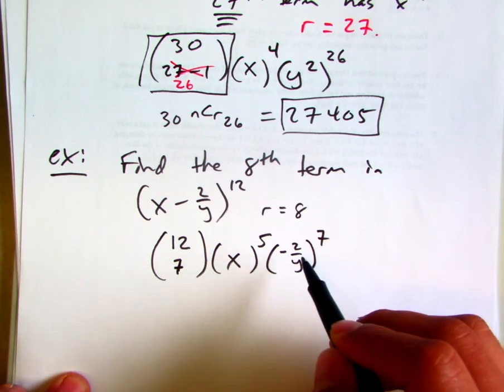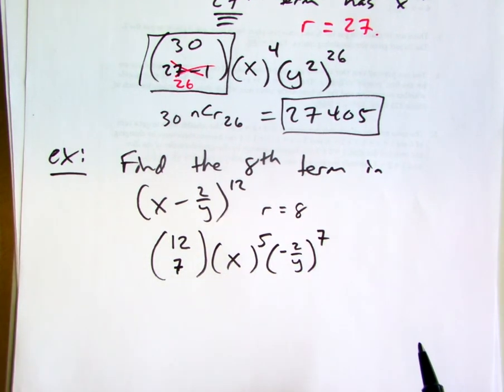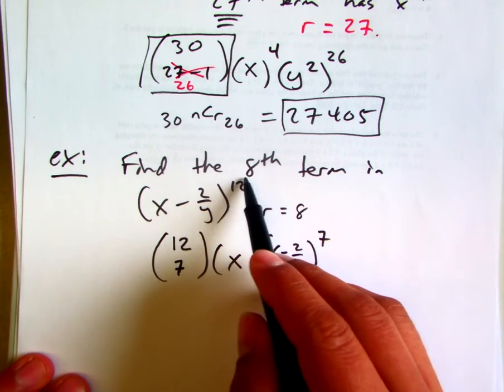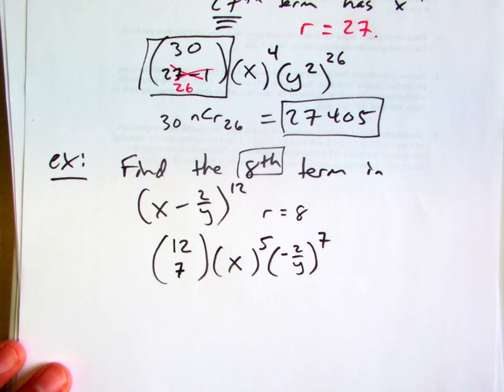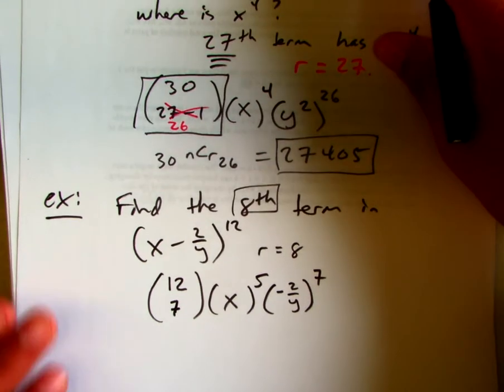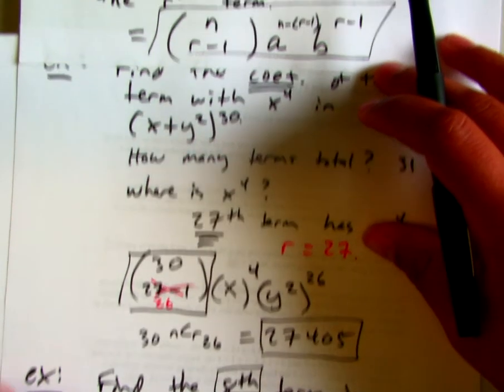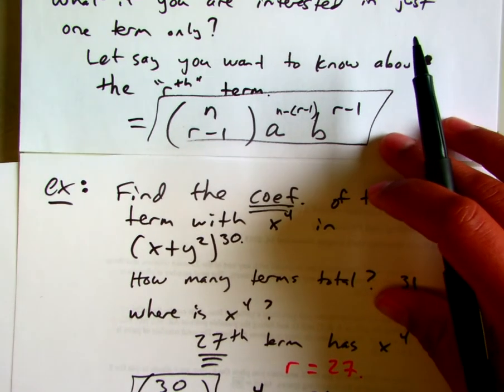Wait, I have a question. Why was R 8? Because it told you 8th term.